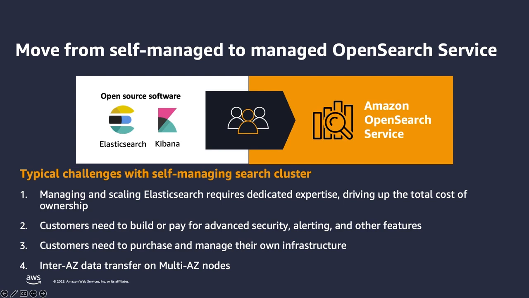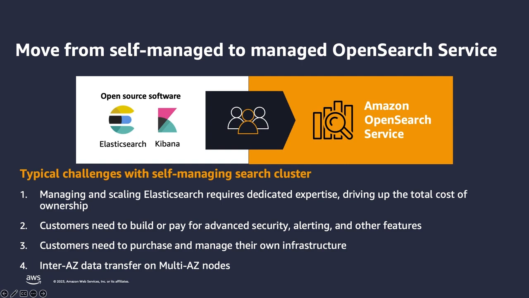The last challenge in having a self-managed search cluster, which most customers overlook, is when you have a distributed system like Amazon OpenSearch Service, you achieve high availability by deploying multiple nodes in different availability zones.